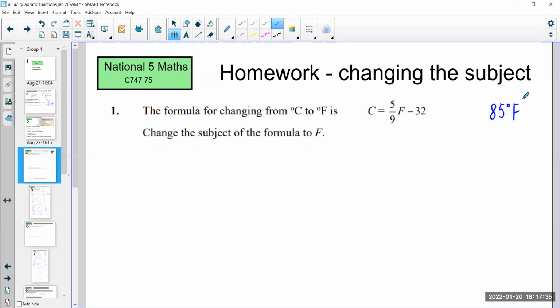Because it's like being in an oven. So how can you find what 85 degrees Fahrenheit is in degrees Celsius? Can someone tell me? Using this formula.